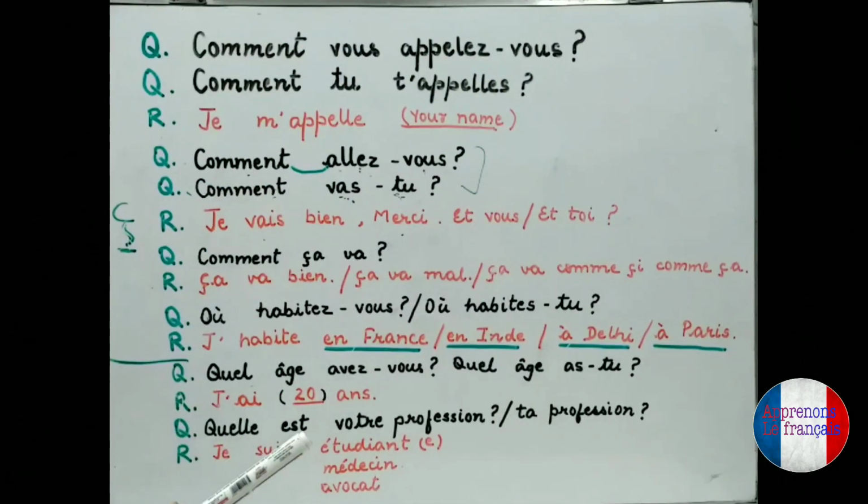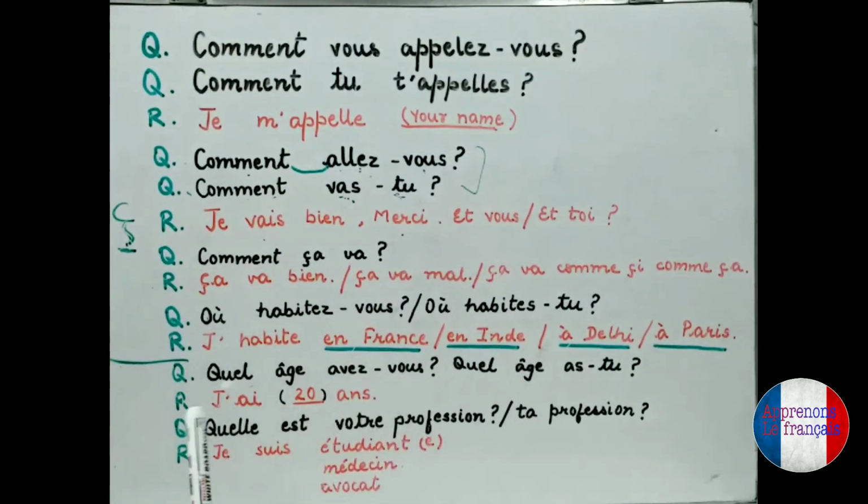The next question in the basic conversation, you can ask the profession of the other person. So the question would be, quelle est votre profession in the formal, or quelle est ta profession in the informal way. So what is your profession?